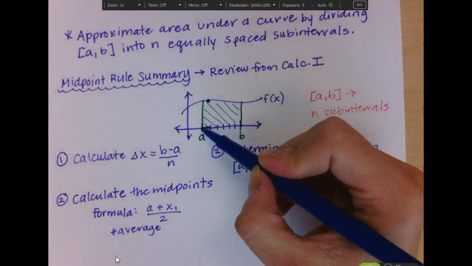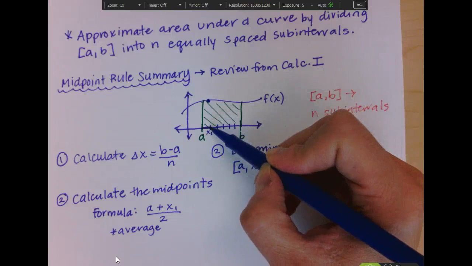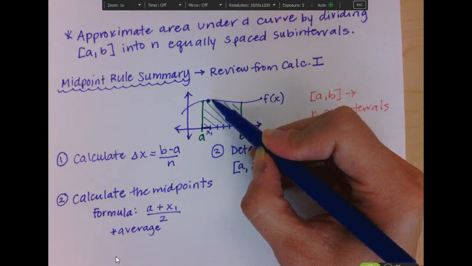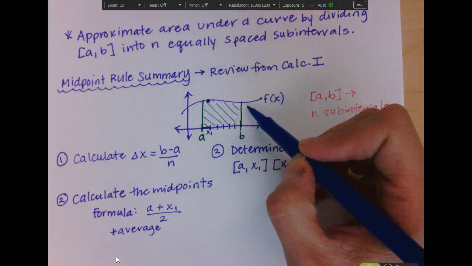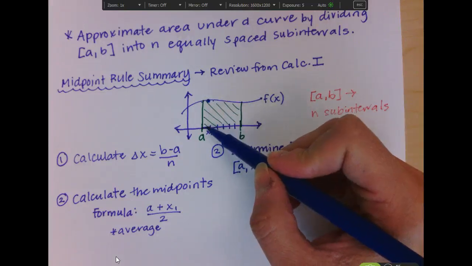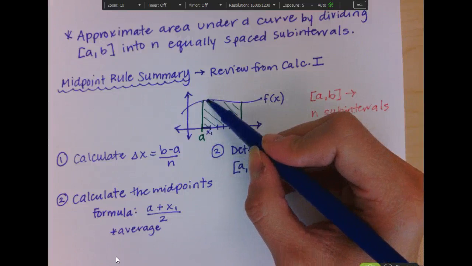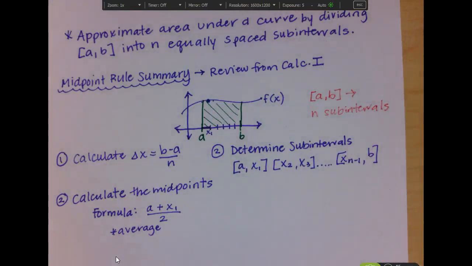So if I went from the left endpoint, I'd have one height. If I went from the right endpoint, I'd have a different height because my curve is not uniform or linear, or constant even, I should say. So the midpoint value is what's going to determine the height of our rectangle.